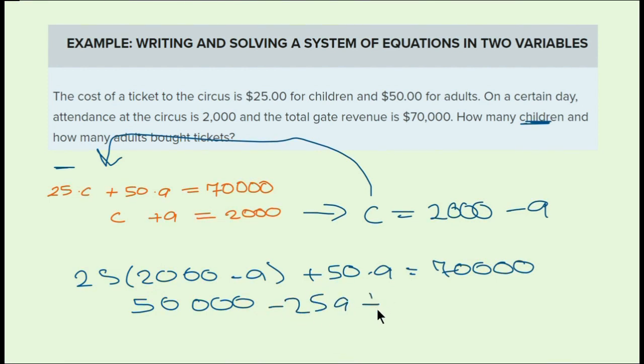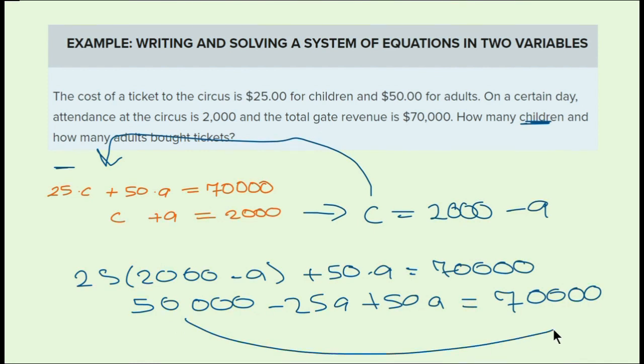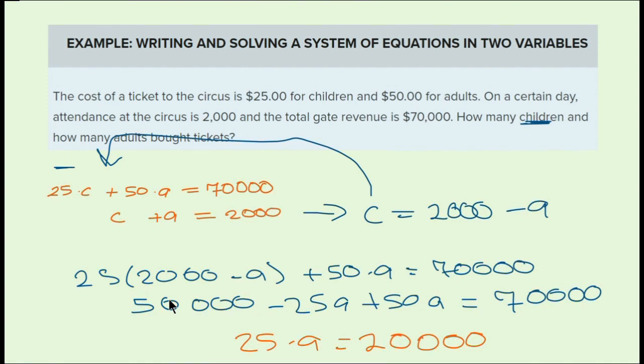Then we have plus 50a, and that gives us 70,000. Let's have constants on one side and variables on the other side. So 25 times a is equal to 20,000. And from here, by dividing both sides by 25, we get a is equal to 800.